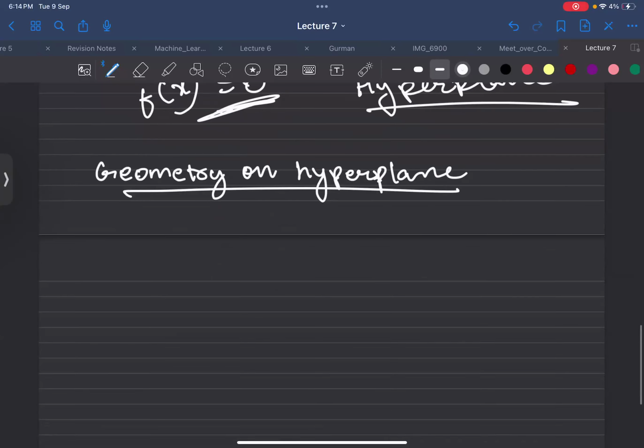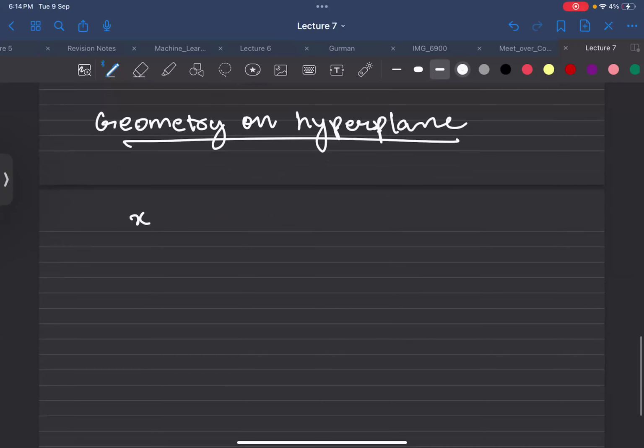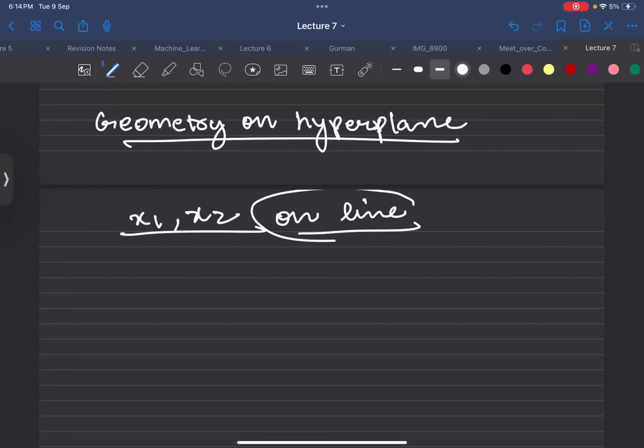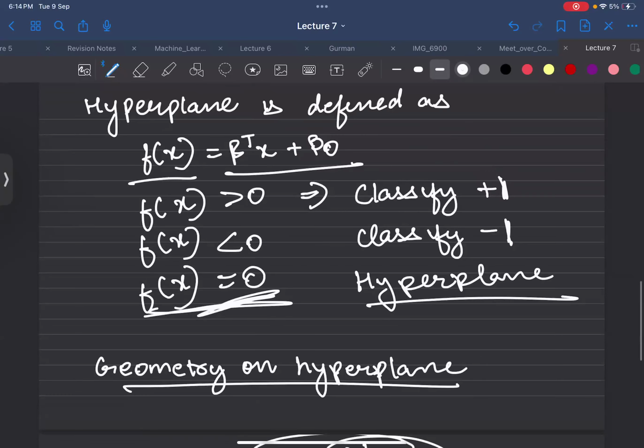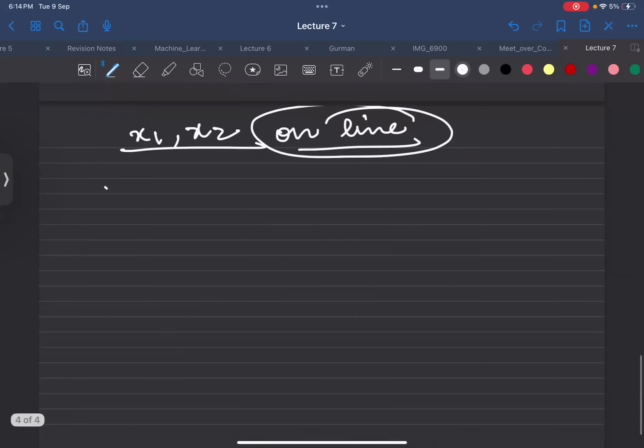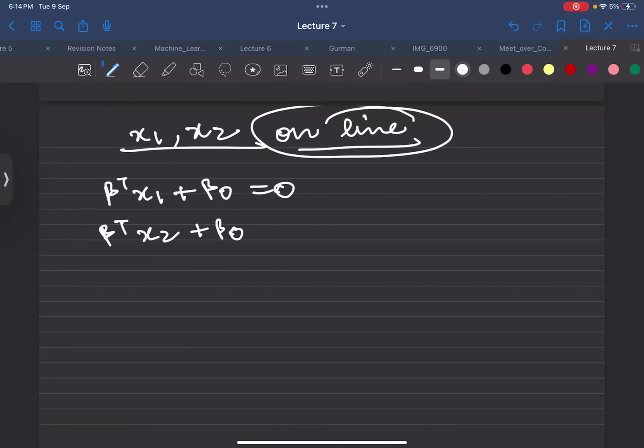Okay, now what I'm saying is, if I have two points, x1 and x2, on the line, which means it is equal to 0. Which means the equation for x1 is equal to 0 and for x2 is also equal to 0. Fine? How is it equal to 0?